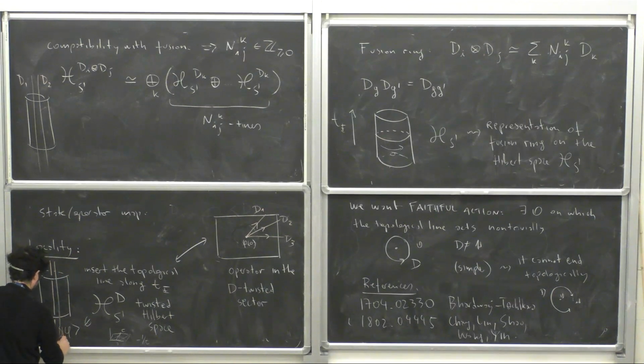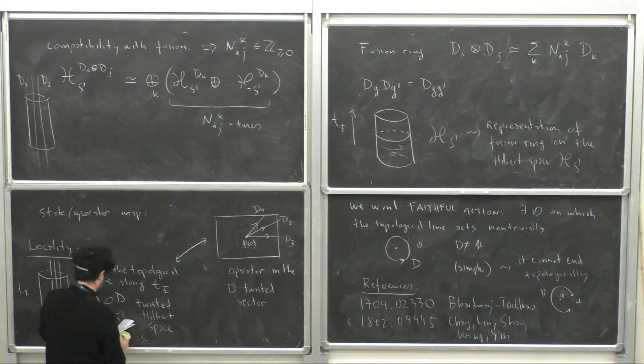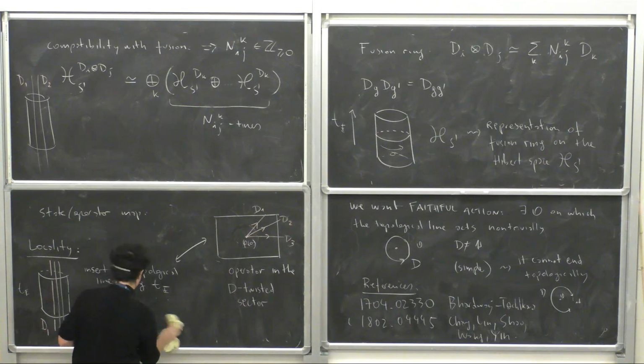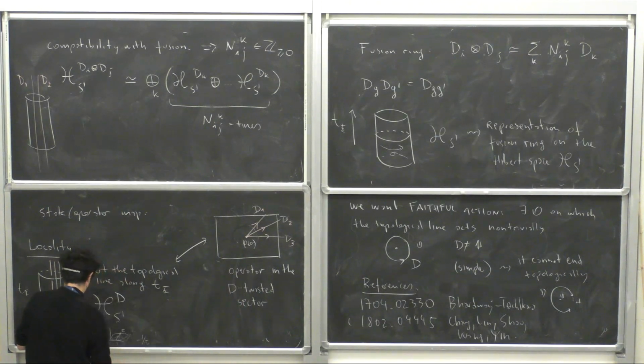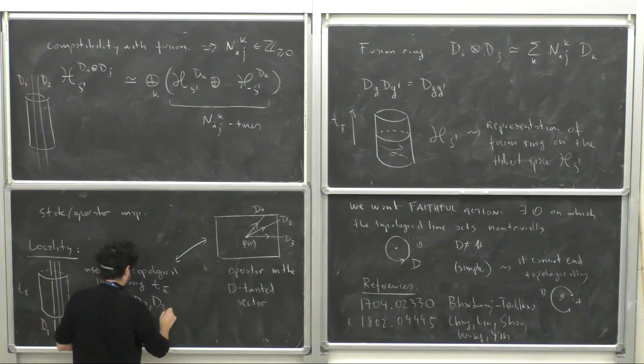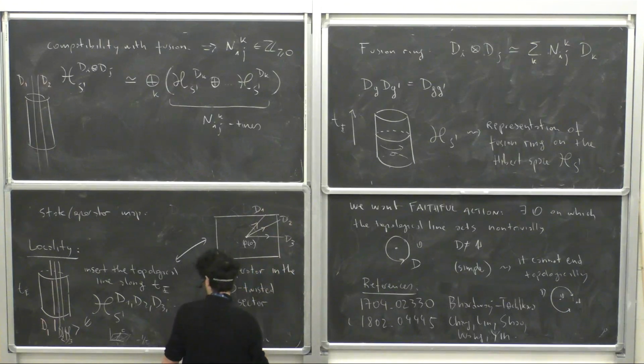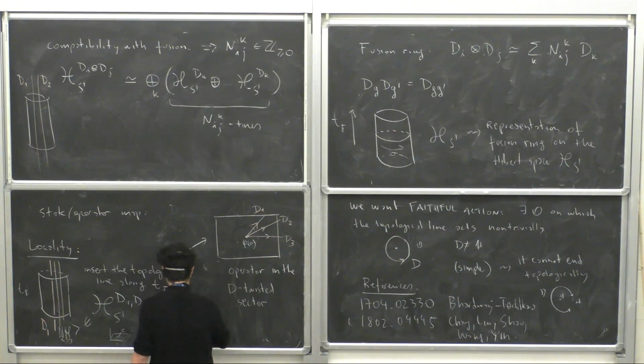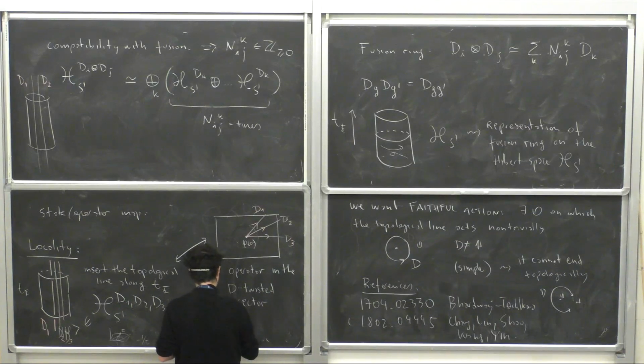Along the cylinder. Like this. And by the fusion ring, we still have isomorphism between these spaces and the spaces where the fusion product is occurring, no?